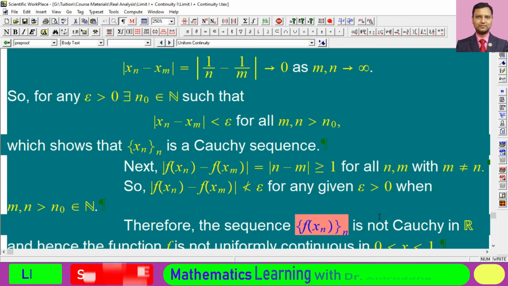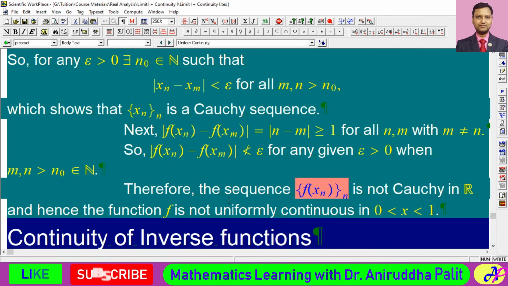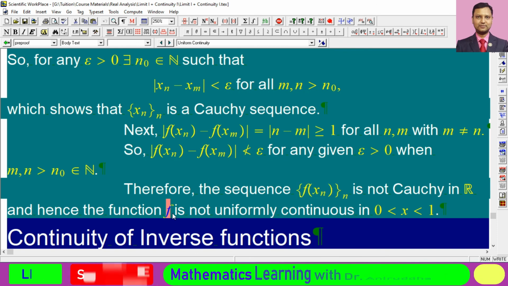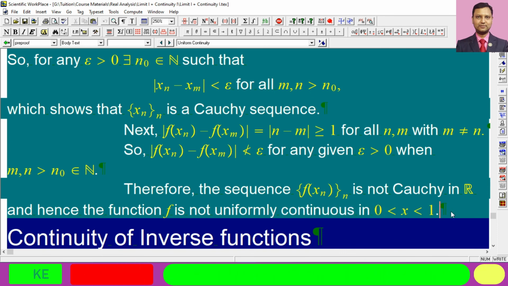But here we have proved that this second sequence is not a Cauchy sequence at all. Therefore, we can conclude that the function f is not uniformly continuous in the interval 0, 1.